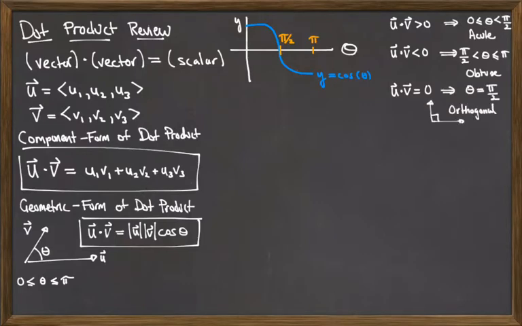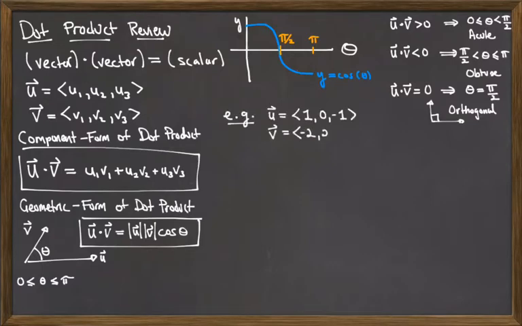That would occur because the angle between them was pi over 2. In this situation, we say that the vectors are orthogonal to each other, at right angles to each other, like we see in this picture here. So the sign of the dot product tells us about the size of the angle between the two vectors.